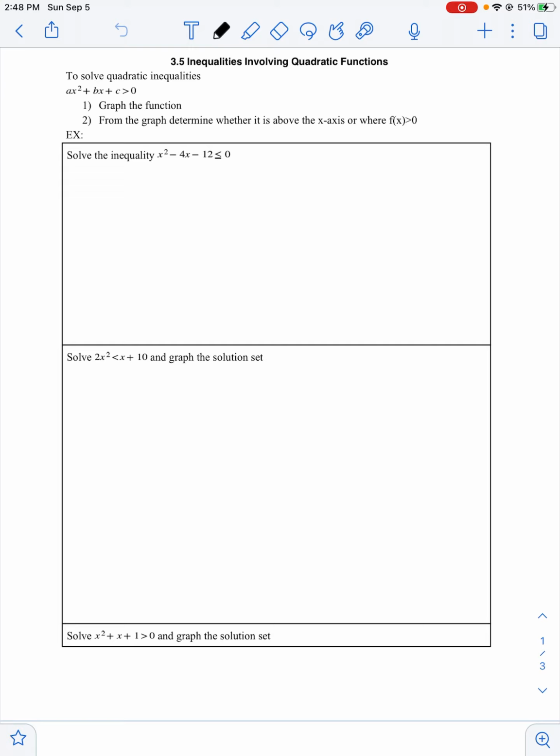So step 1, we're going to graph our function, and to graph the function I will need to know the intercepts and the vertex. I'm going to start with my y-intercept because it's the c value.